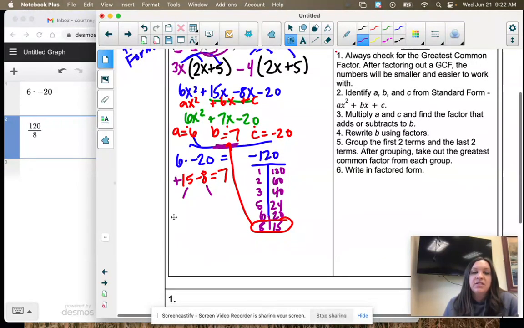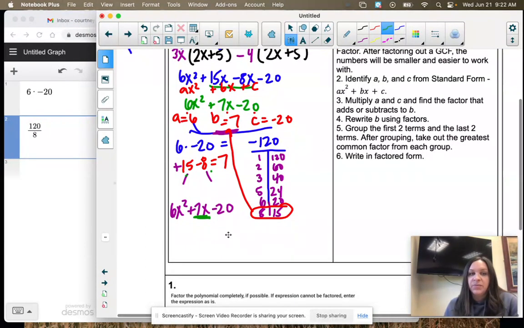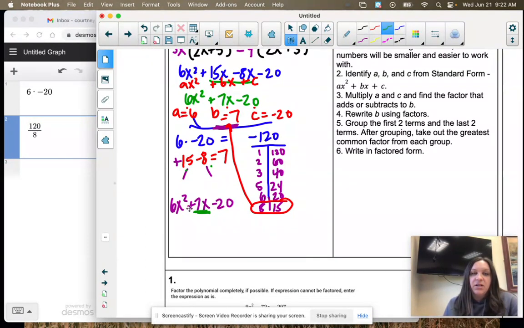So remember, we had 6x squared plus 7x minus 20. We're going to rewrite the 7 using 15 and 8. So instead of 7, I'm going to rewrite what we did here. I'm going to have 15x, there's an x, don't forget the x, minus 8x.